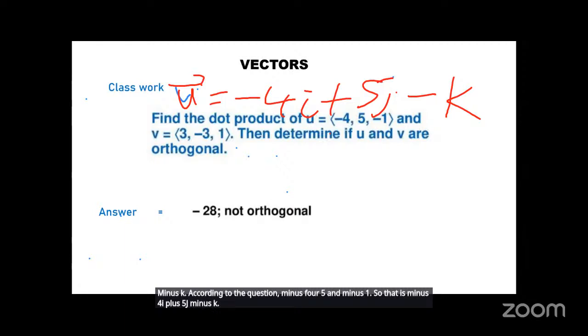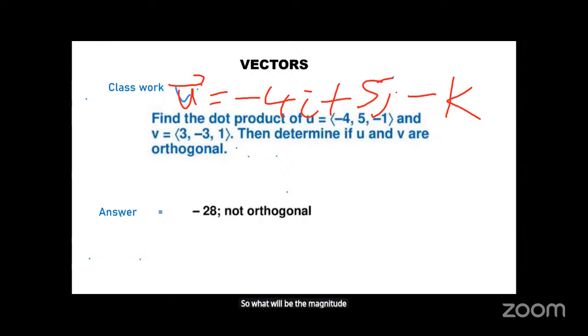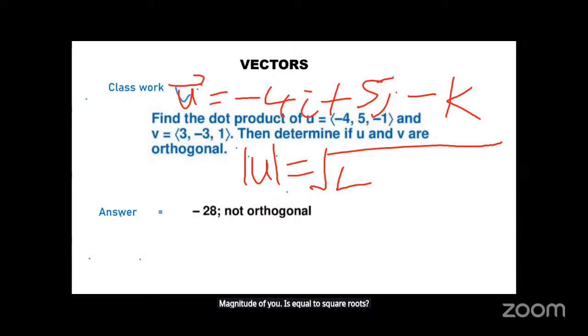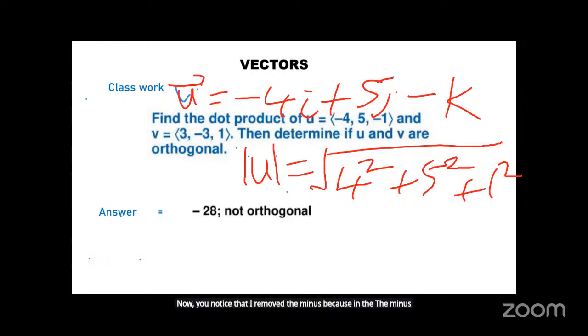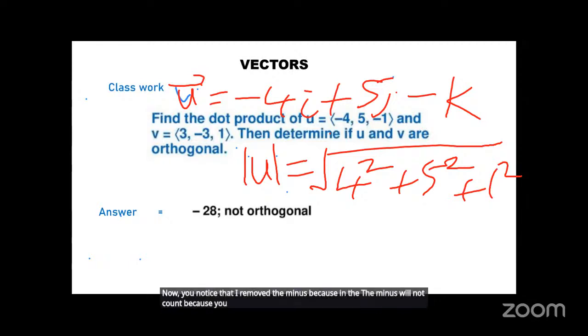So what will be the magnitude of u? Magnitude of u is equal to square root of 4 square plus 5 square plus 1 square. Now, you notice that I removed the minus because the minus will not count because you are already squaring.